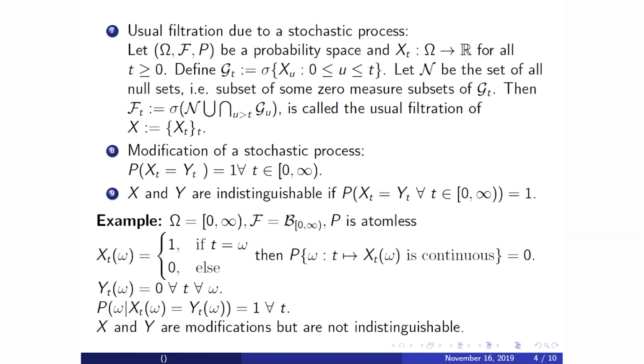So, they coincide. This is true for all omega except t. So, the measure would be 1 minus the measure of singleton t, but singleton t has 0 measure because P is atomless. So, this probability is 1 for all t. So, this proves that this example of X and Y are modifications of each other.